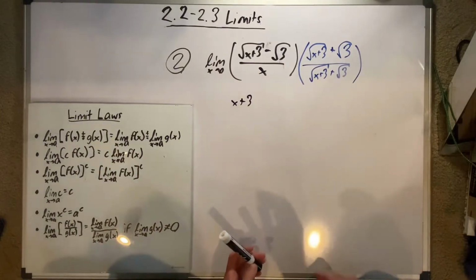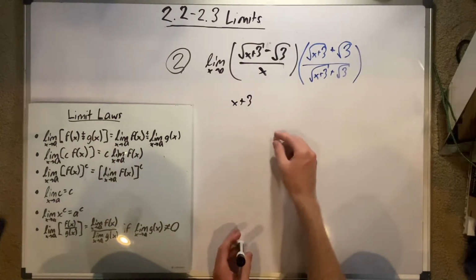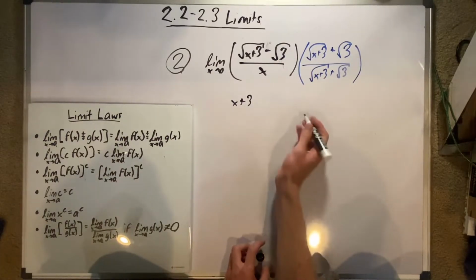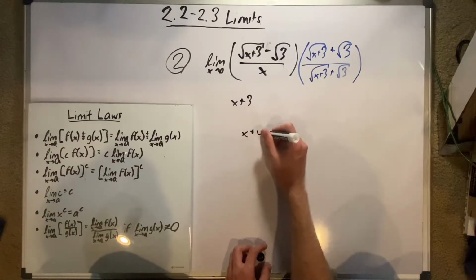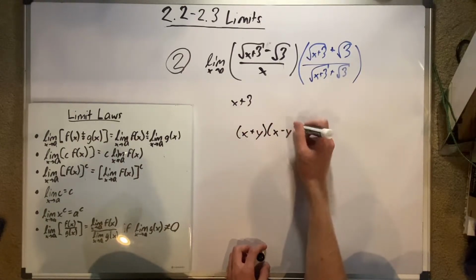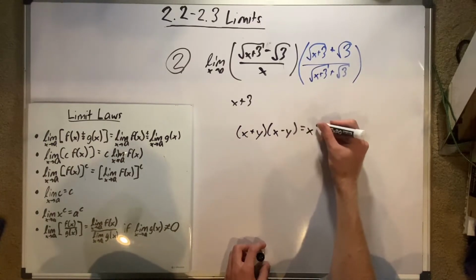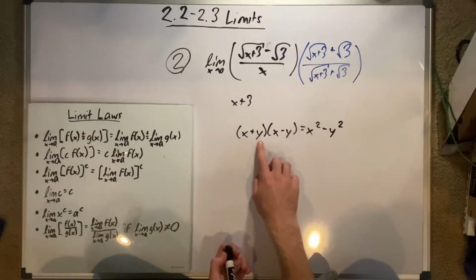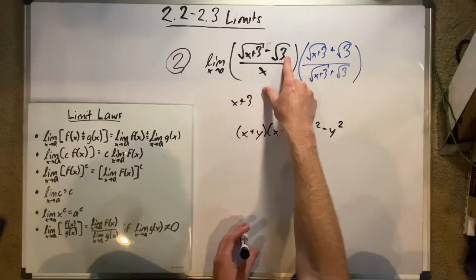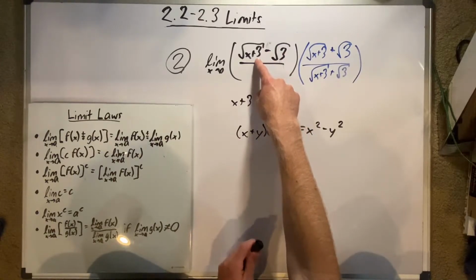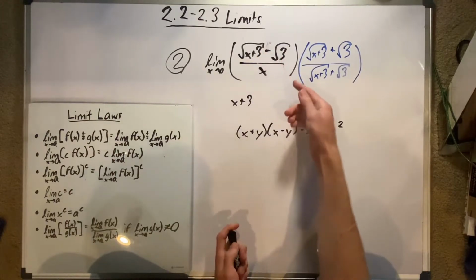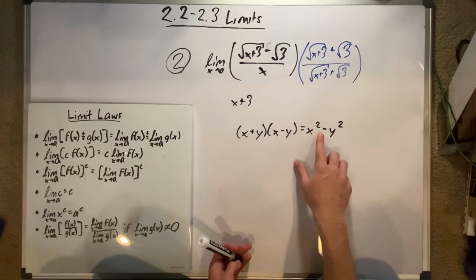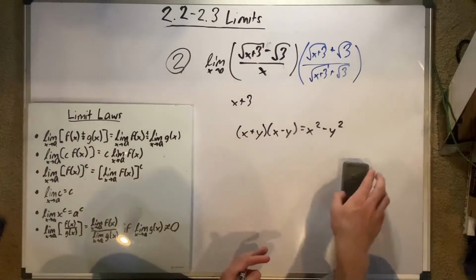And now the entire reason why we did this is because if we then multiply this out, this is just a difference of squares, where if we have x plus y multiplied by x minus y, it's always going to be equal to x squared minus y squared, eliminating any xy terms in the center, which means that rad 3 times x plus x times rad 3 negative is going to be equal to 0, because that's what a difference of squares does for you.